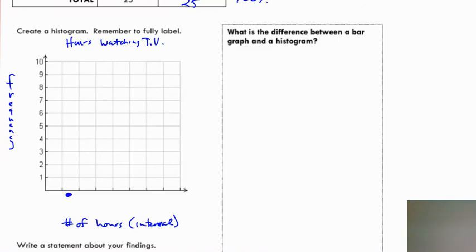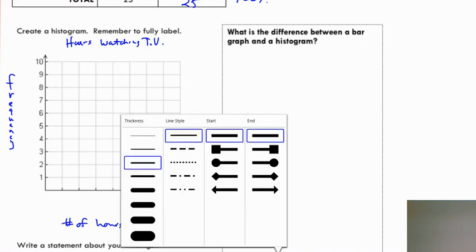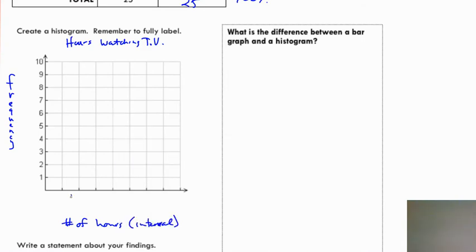So 0 to 5 hours, 6 to 10, 11 to 15, 16 to 20, 21 to 25, and 26 to 30.